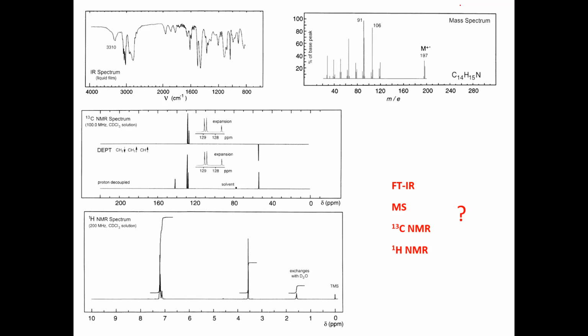Remember this peak also. We discussed yesterday that if one of the peaks exchanges with D2O, it's either coming from an amino group, an amide, or an alcohol. We don't have an oxygen here, so it cannot be an alcohol. It has to come from NH something.